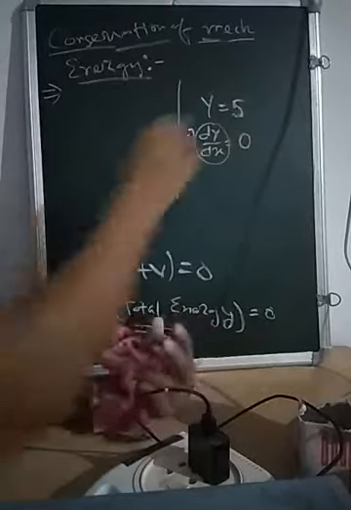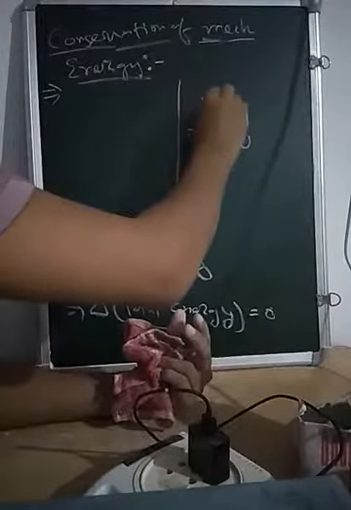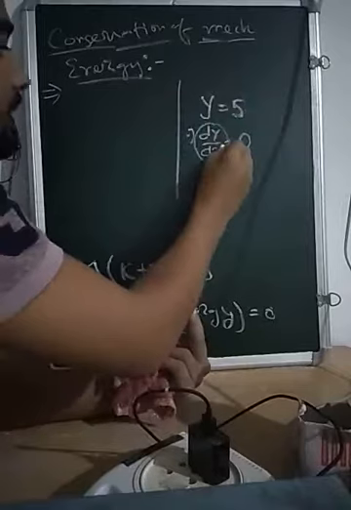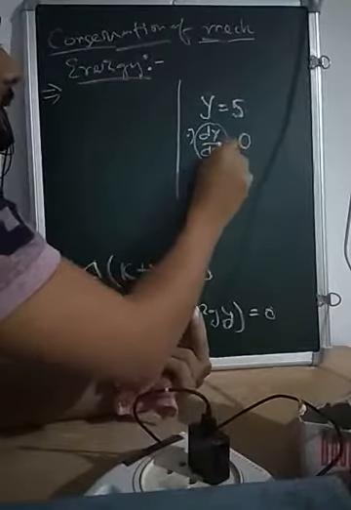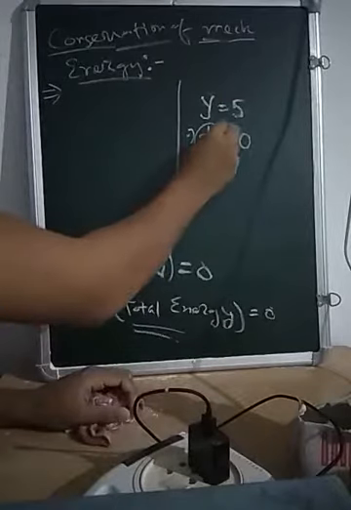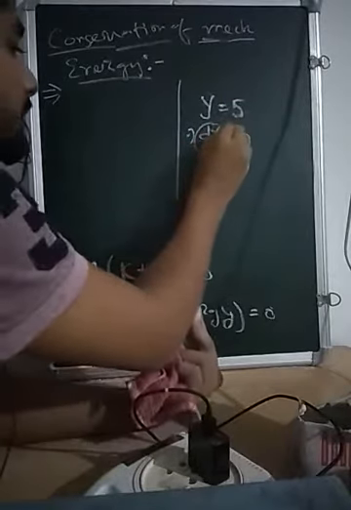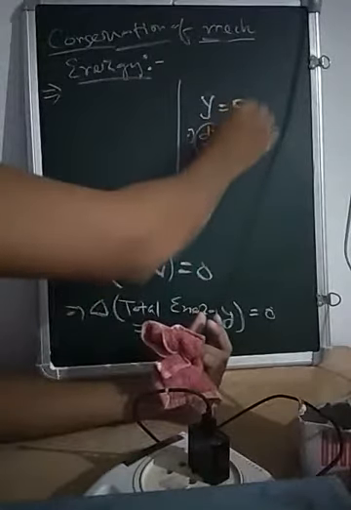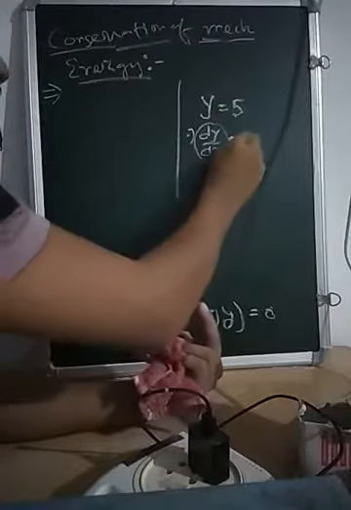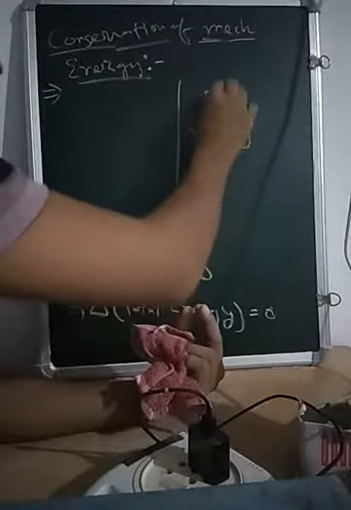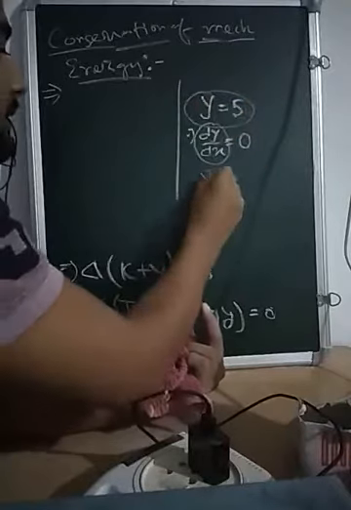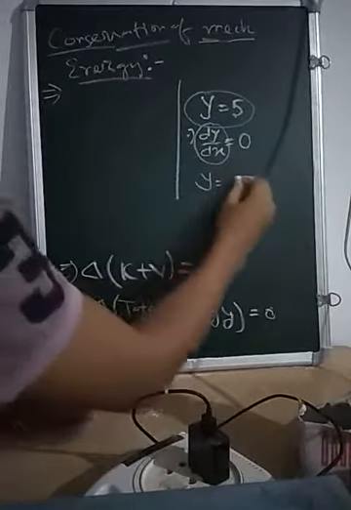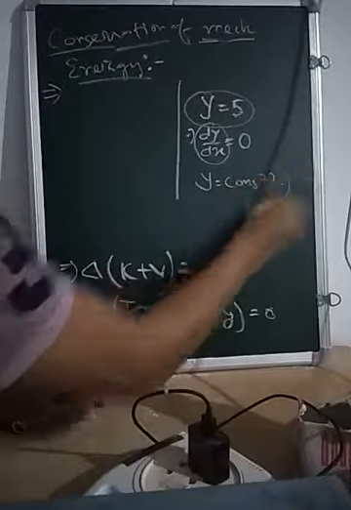Derivative means the change in the value of the variable y with respect to x. So when the derivative of a function is 0, it means the function is a constant and does not vary with respect to x.